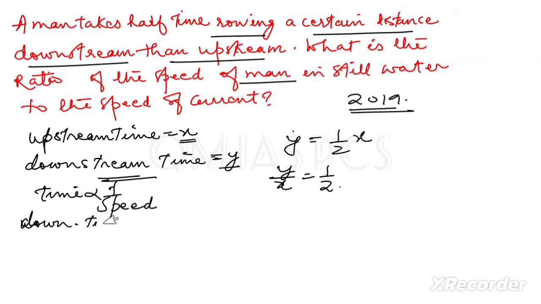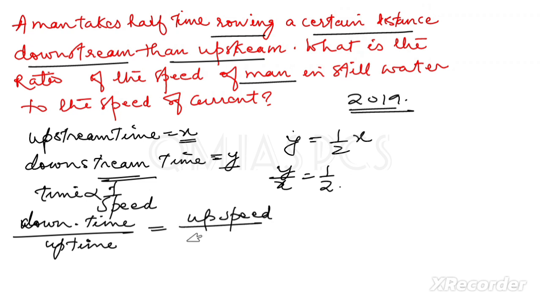Down time by up time is equal to up speed by down speed. Both ratios will be the same. This is down time and this is up time. So this will be 1 by 2.